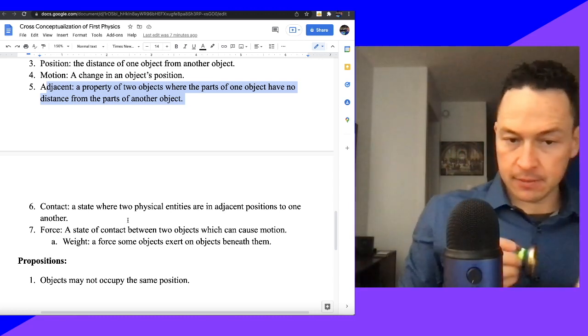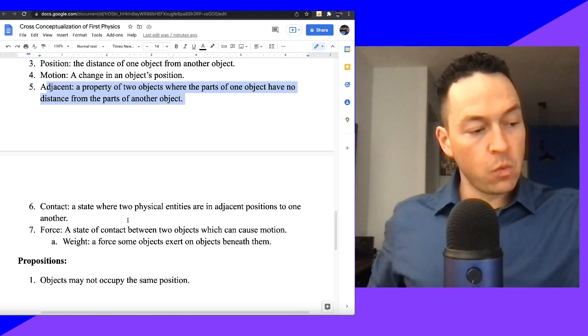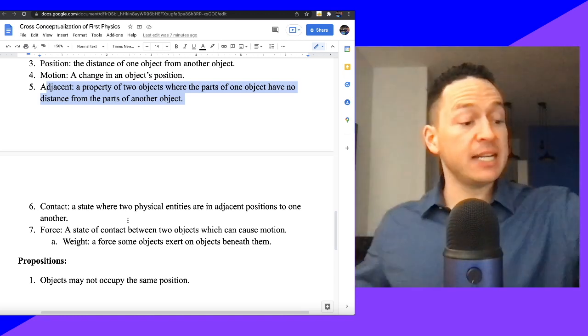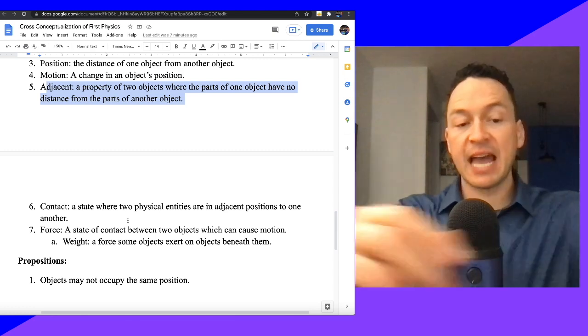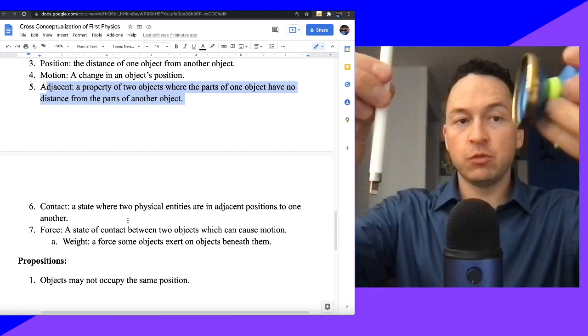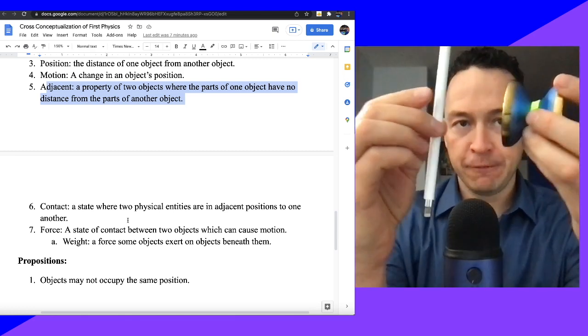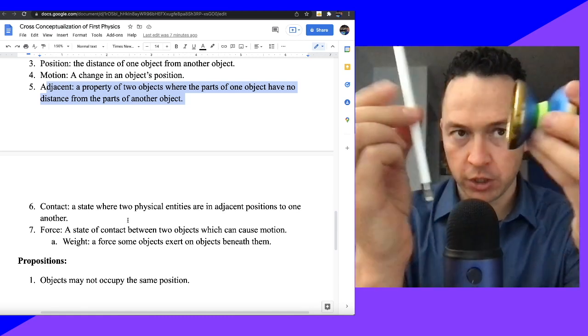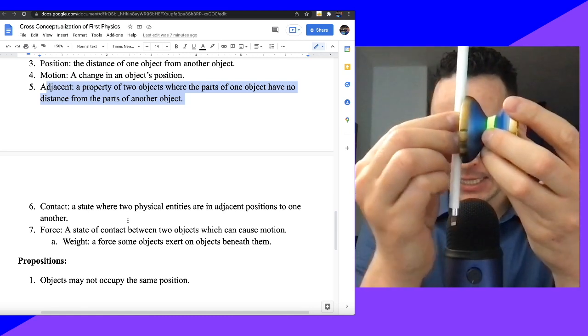The difference between contact and adjacentness is that when we talk about contact, we're specifically talking about the force which occurs from the adjacentness, okay?